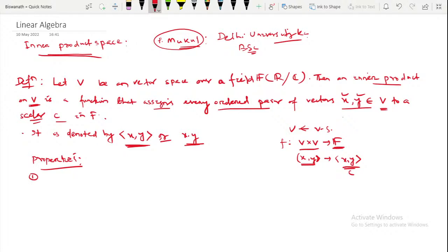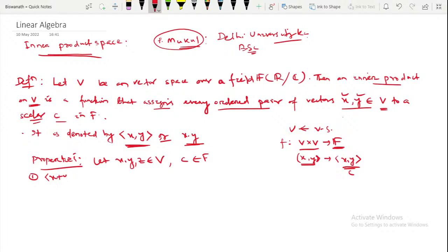Okay, the first property: let x comma y comma z belong to this vector space V, and C belongs to field F, that means C is a scalar. Now, what are the properties? I will write four properties.